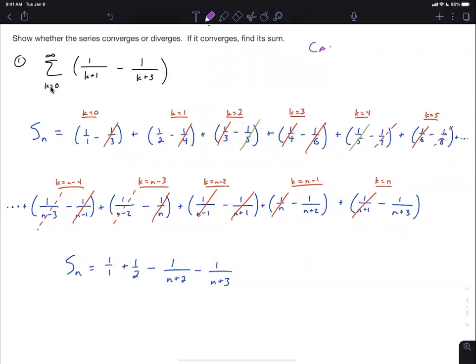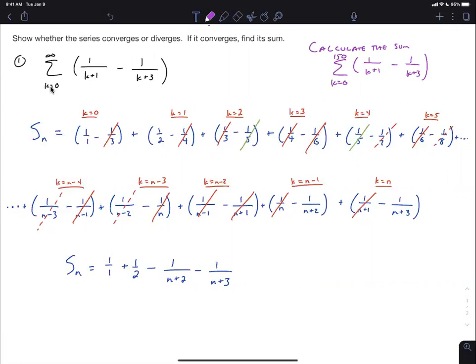So calculate this sum, which may very well happen, or find the sum. If I wanted you to find the sum k equals 0 to 150 of 1 over k plus 1 minus 1 over k plus 3.